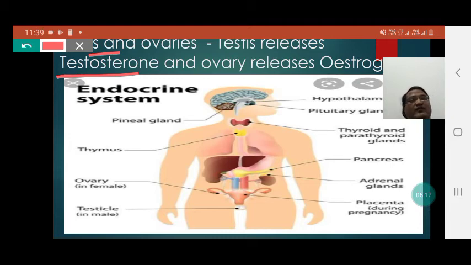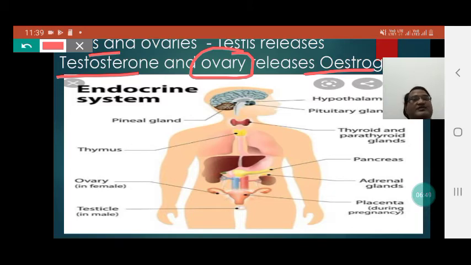Students, in the same way, ovaries also are endocrine glands because they also release the hormone estrogen directly into the blood, and they don't secrete it with the help of any duct.